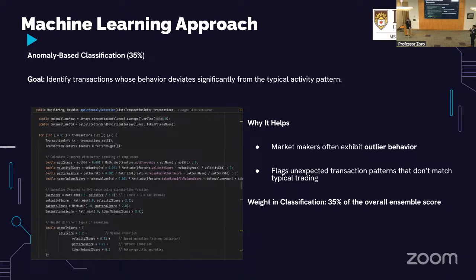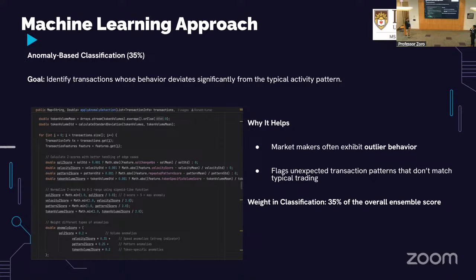Another feature I created was a pattern score for when there was exactly the same Solana change for multiple transactions in a row. Then I calculated the z-scores and normalized them to create a score between 0 and 1. I did a top K classification, with the top 95% of those being market makers, and the rest being organic traders.